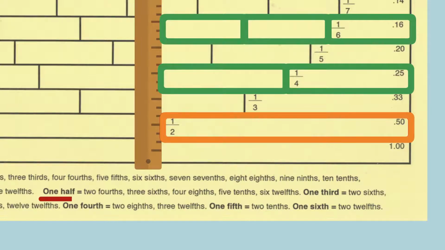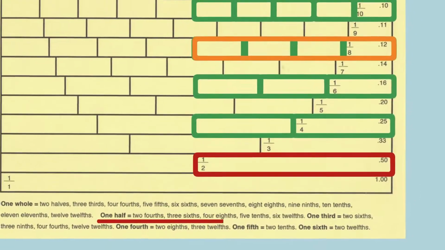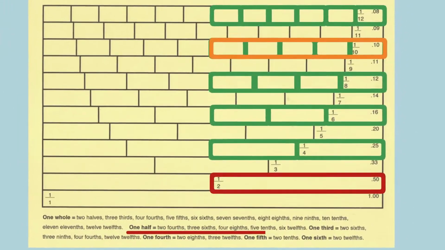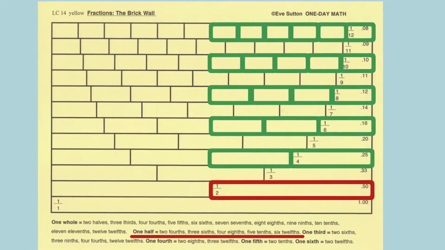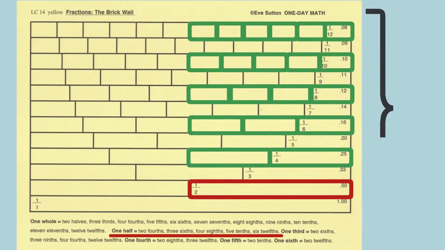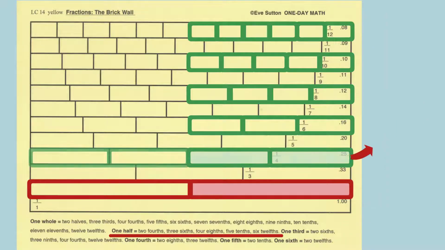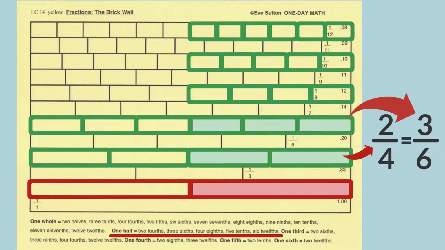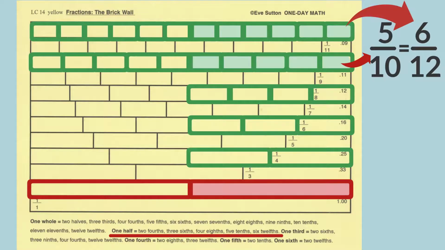1/2 equals 2/4, 3/6, 4/8, 5/10, or 6/12. All of the fractions in this set are equal to 1/2, so they are also equal to each other. 2/4 equals 3/6. 5/10 equals 6/12.